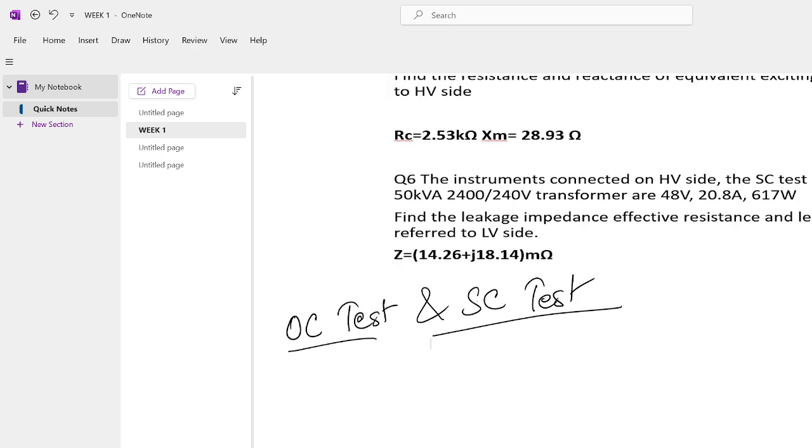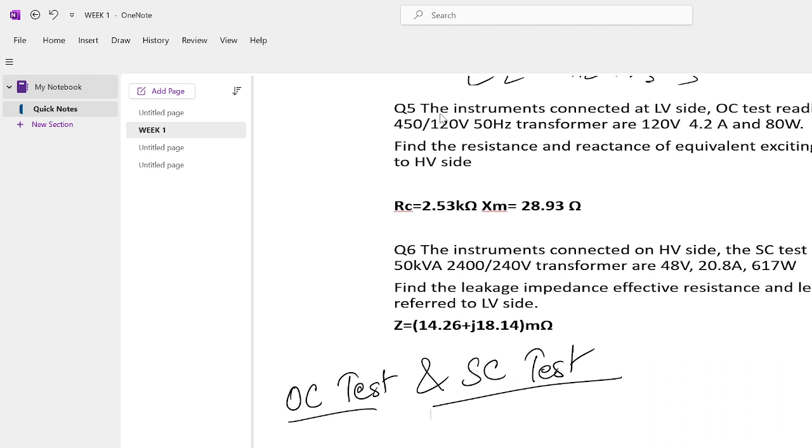The question is, with instruments connected at the low voltage side. When we perform the open circuit test, we keep the measuring instruments on the low voltage side, so that low rating instruments can be used to measure the current, voltage and power.